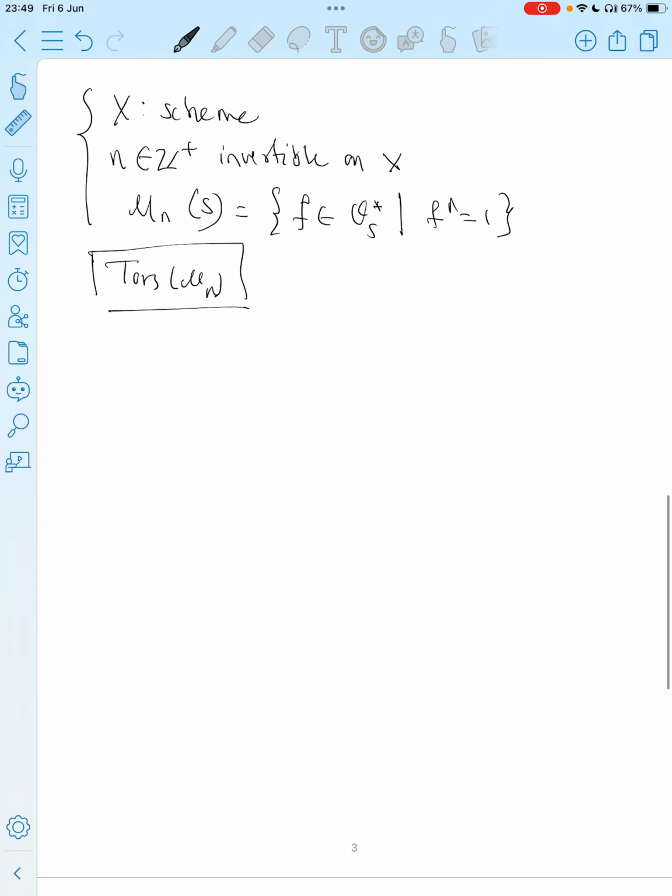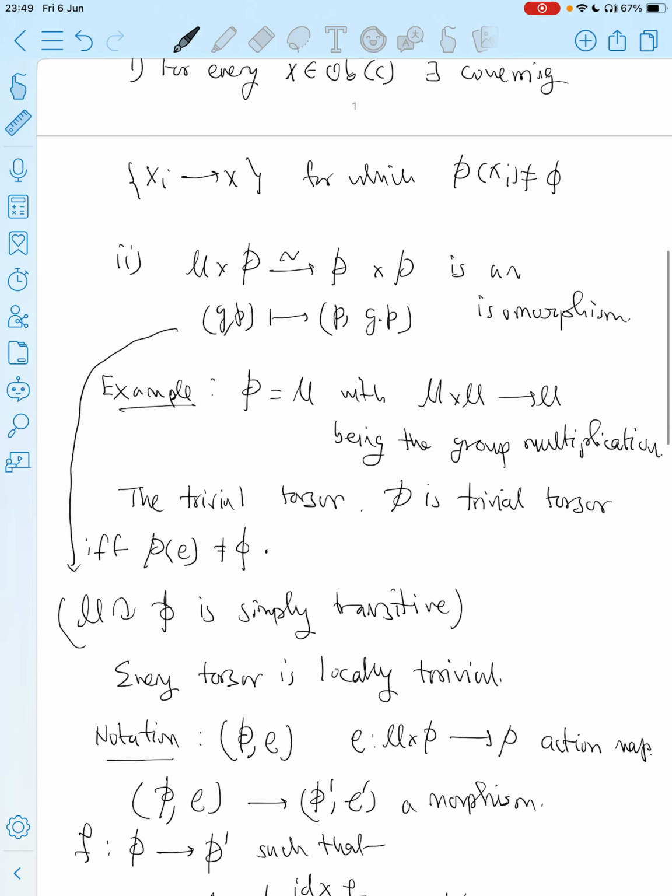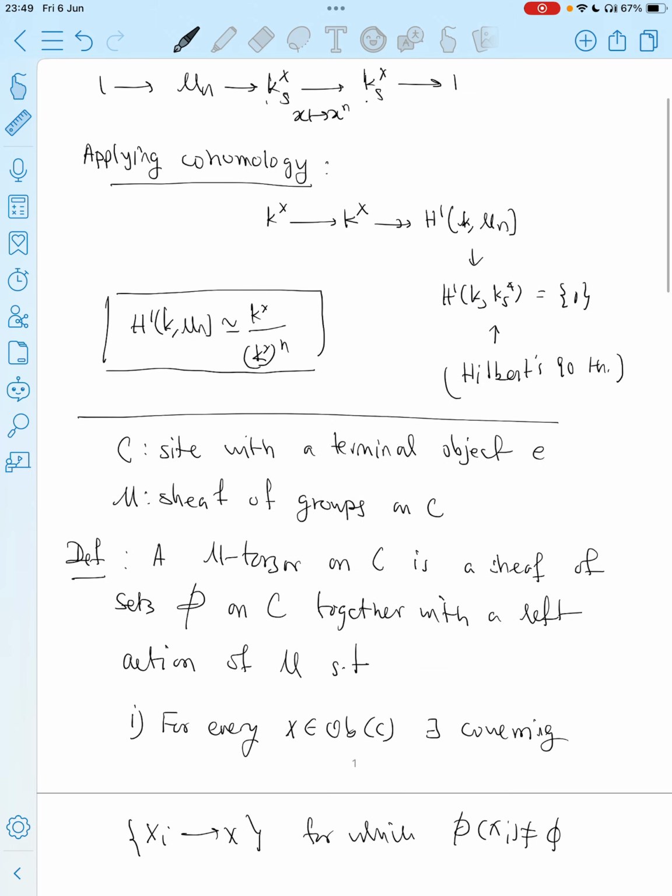Before doing it, we'll actually define two categories, and those two will be mutually equivalent. And from there, in particular, if you take the scheme to be spec of a field, we get the bijection between these two.